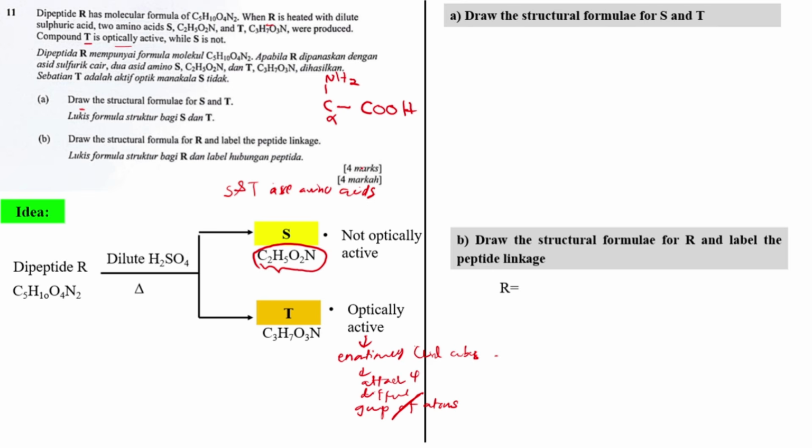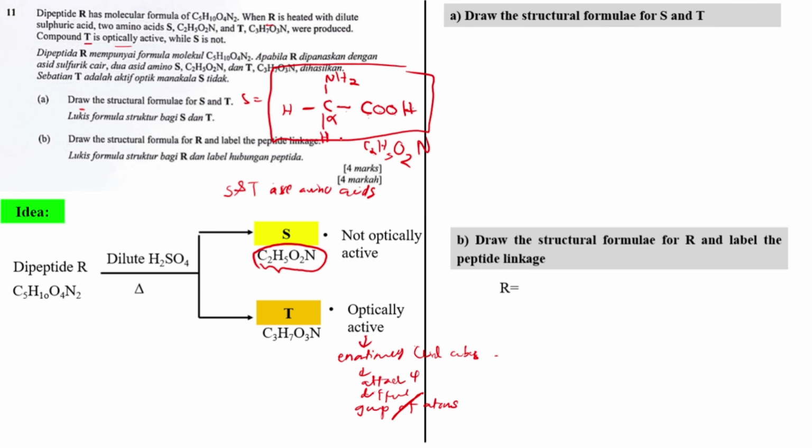So you have used up 2 carbons, and for hydrogen you have used up 3, but then you have 5. So you know that you need to attach hydrogen. So you're going to have C2, hydrogen 5, O2, and then N. So you know that this is your structure for S.